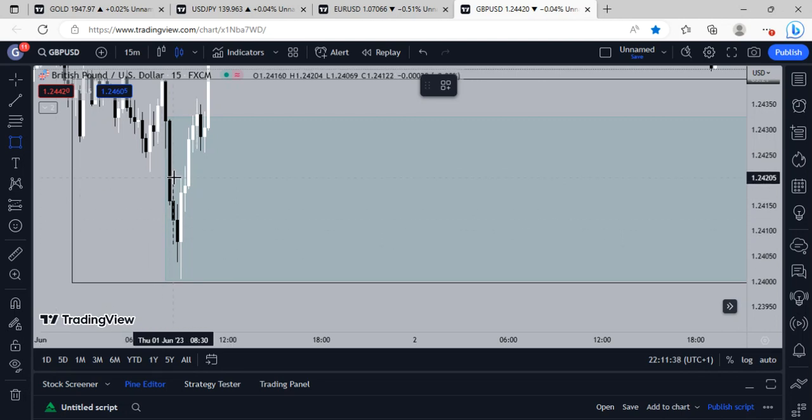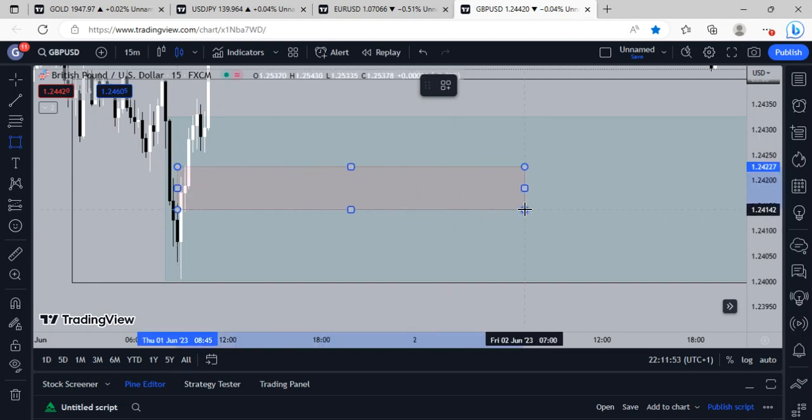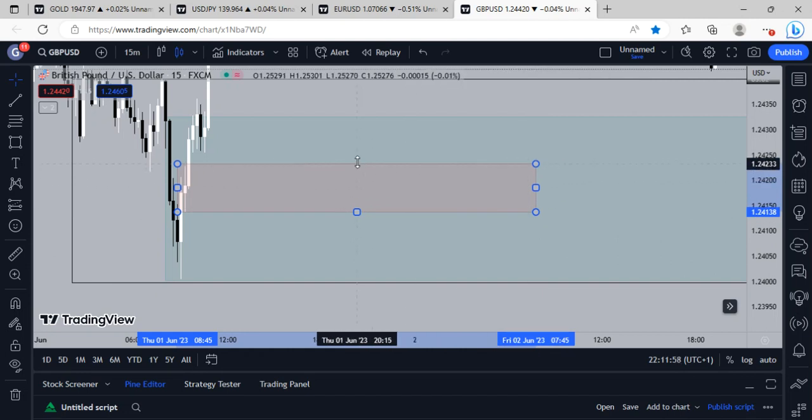This could be our order block over here, but as you guys can see, price already mitigated that. So I could set my order block over here with this candle in this area.